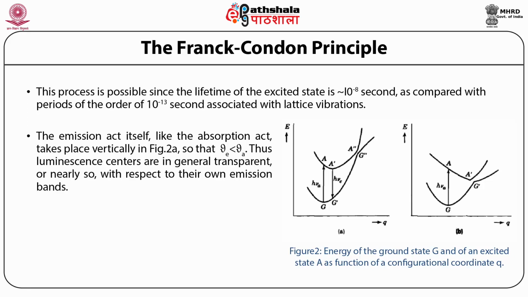Thus, luminescence centers are in general transparent or nearly so with respect to their own emission bands. Figure 2 represents energy of the ground state G and of an excited state A as a function of the configurational coordinate q. The situation in A gives luminescence, while B corresponds to dissipation in the form of heat.